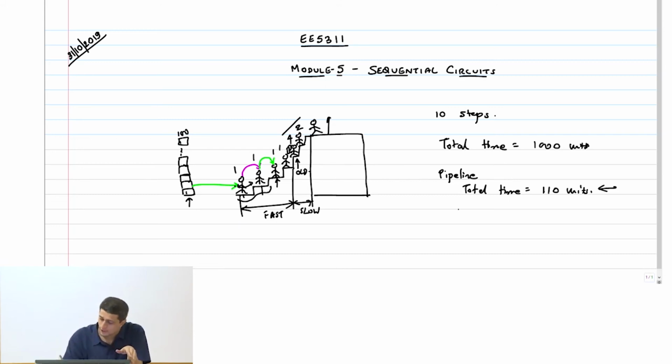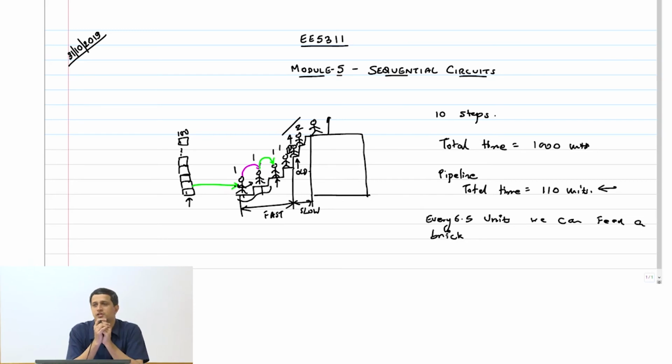So therefore, every 6.5 units we can feed a brick into the system without anything falling or breaking.